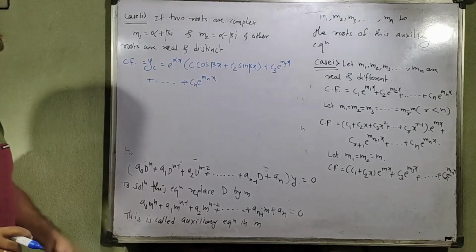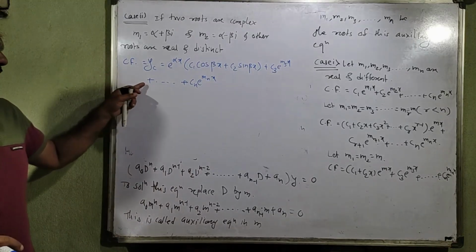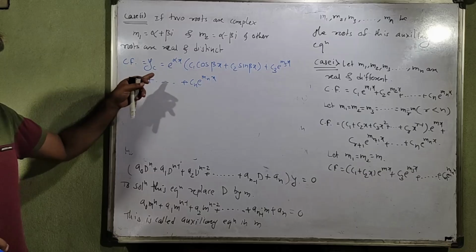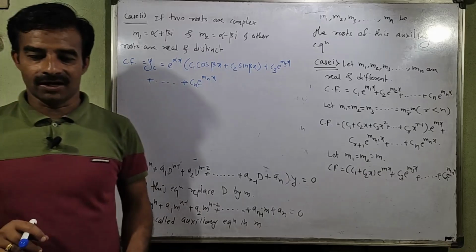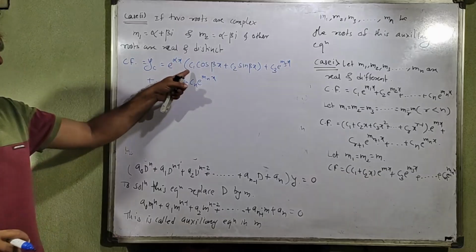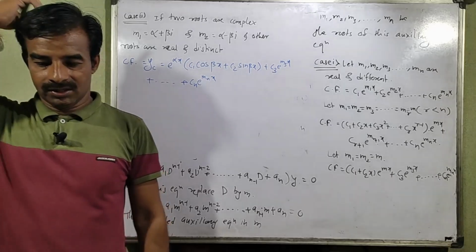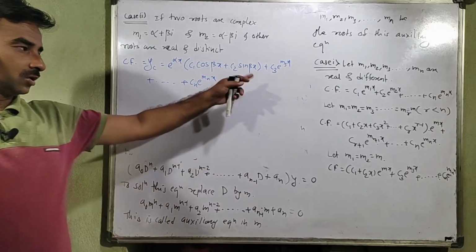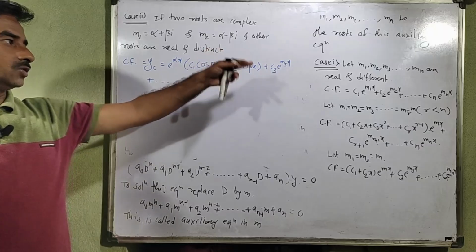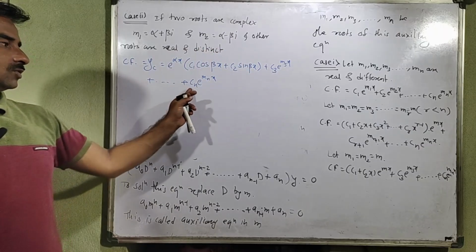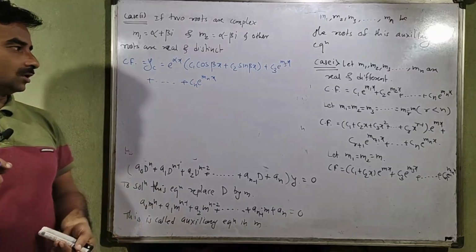Okay, this is your complementary function. That means yc = e^(alpha x) (c1 cos beta x + c2 sin beta x) + c3 e^(m3 x) + and so on up to cn e^(mn x).